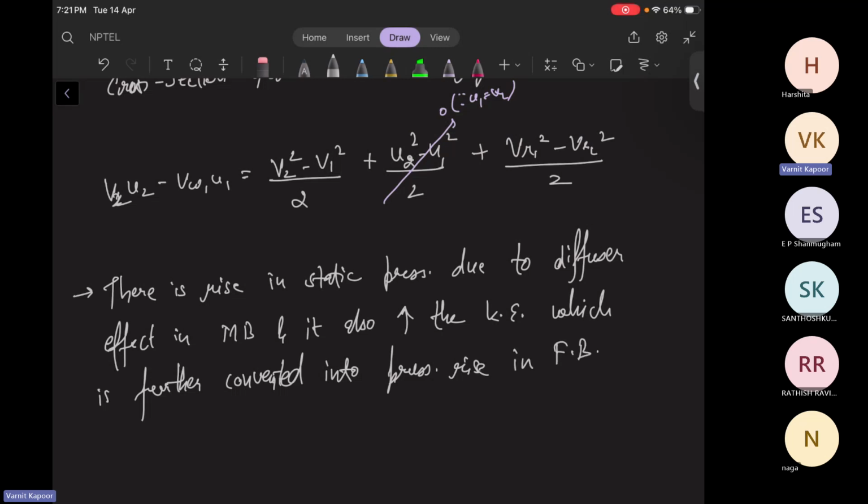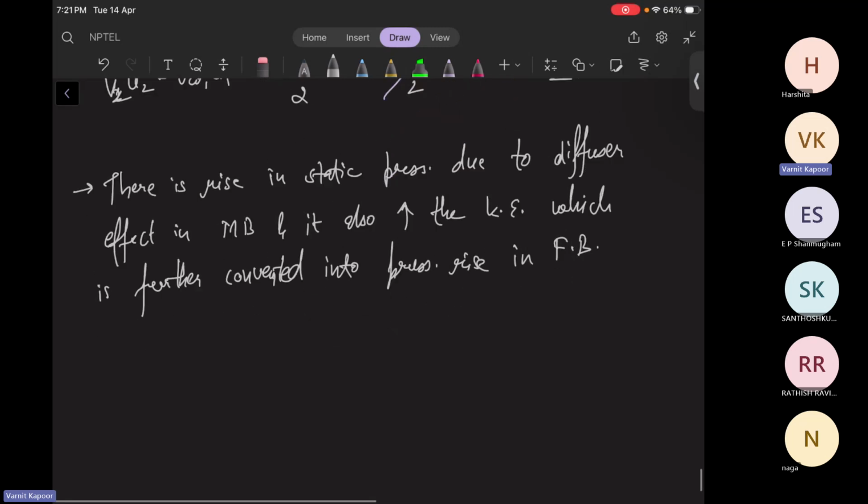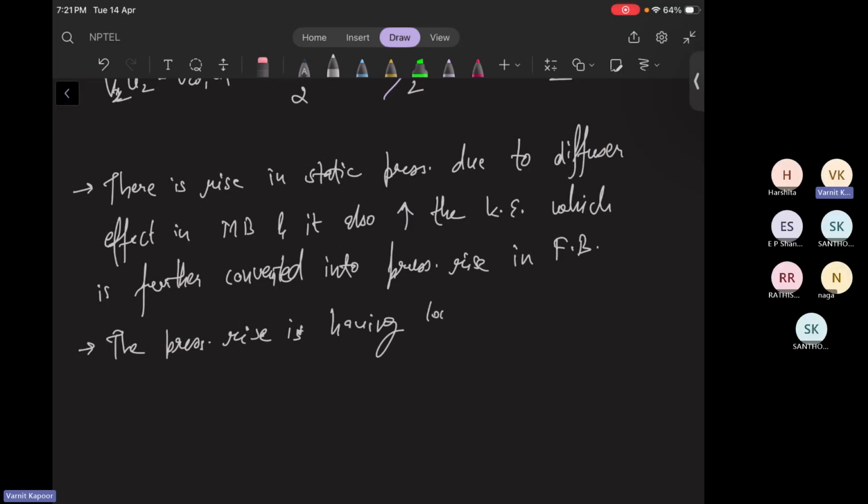The pressure rise has a lower value for an axial flow compressor. So in each stage, the pressure rise will be less than, let us say, 2.3 bar.